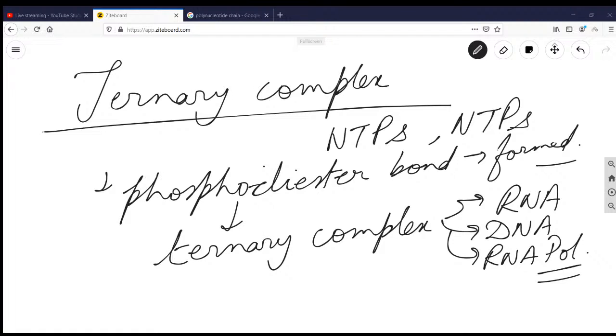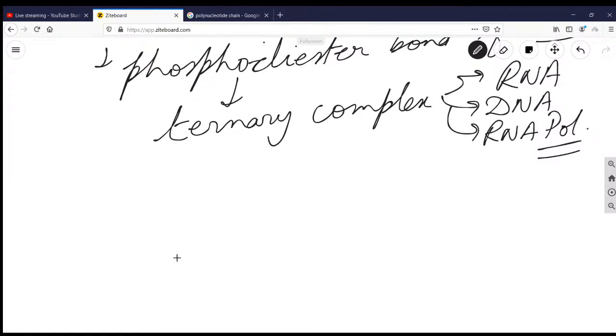Now one thing I'll tell you here: if you compare it with DNA replication, you don't need any primer here. You don't need a pre-made stretch of 5 to 3 prime nucleotides, suppose a 5 to 8 nucleotide sequence, which will provide a free 3 prime OH. This is needed by DNA polymerase.